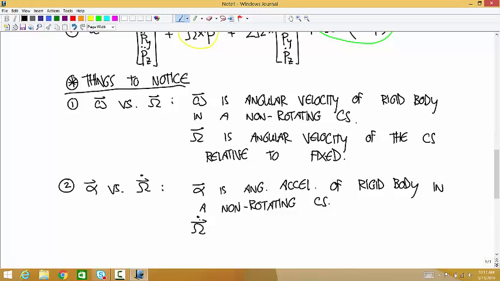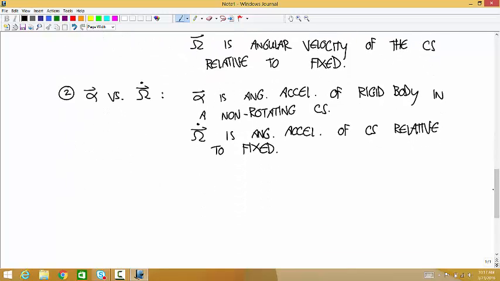Capital Omega dot is the angular acceleration of the coordinate system relative to fixed, relative to the true ground. The third difference, anybody have any questions yet?